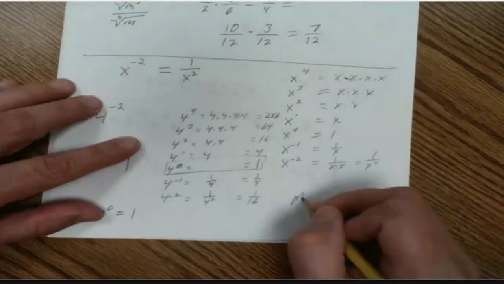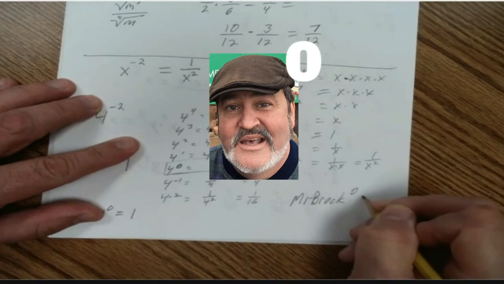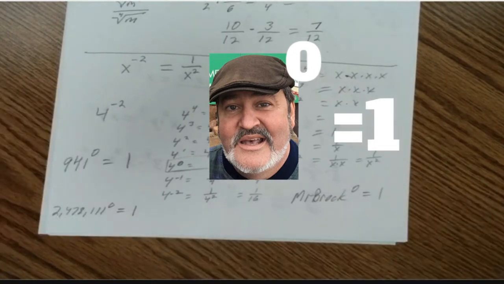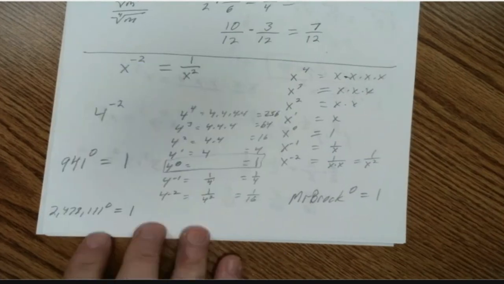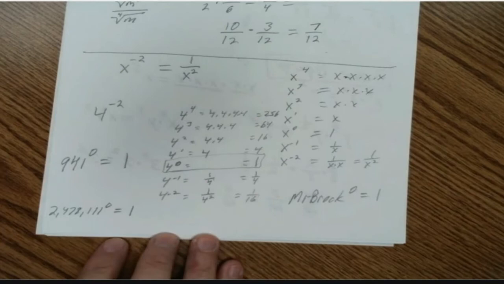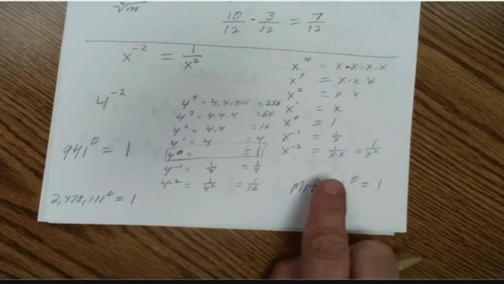So there we go. Mr. Brock to the 0 power equals 1. A cat lying on top of a dog, in parentheses, to the 0 power equals 1. Just anything. I'm saying anything to the 0. I'm being a little silly with that, but I just want to get the point across that anything to the power of 0 equals 1. So that's an easy one.